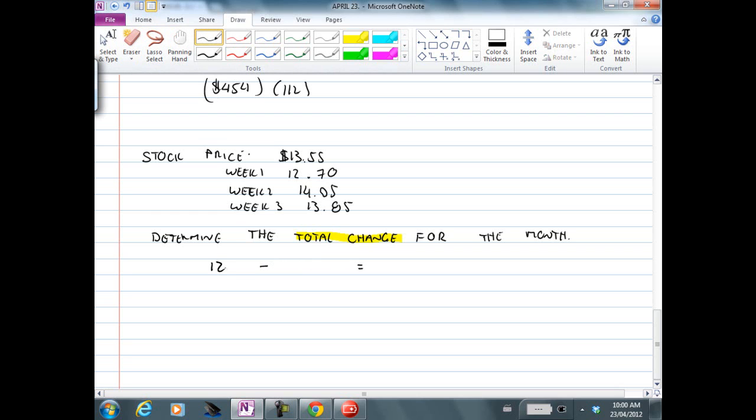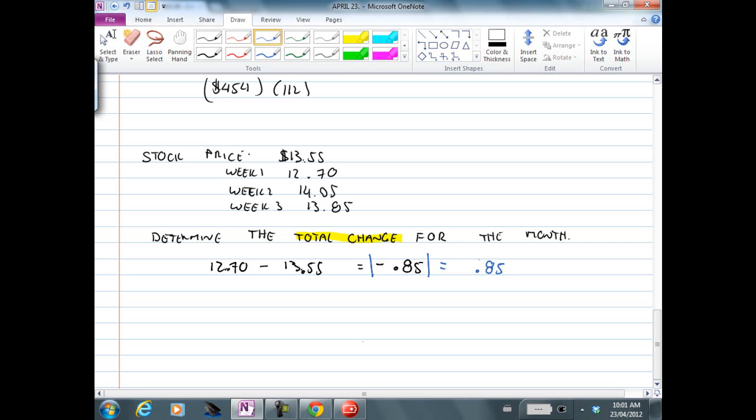So it'd be 1270. Oops, my bad. Minus 1355. See, 1270 minus 1355 gives you negative 0.85. So I lost 85 cents. But when I work with this, I'm going to use absolute value because I want to know the total later. I'm going to add up all the difference. So this is 0.85.